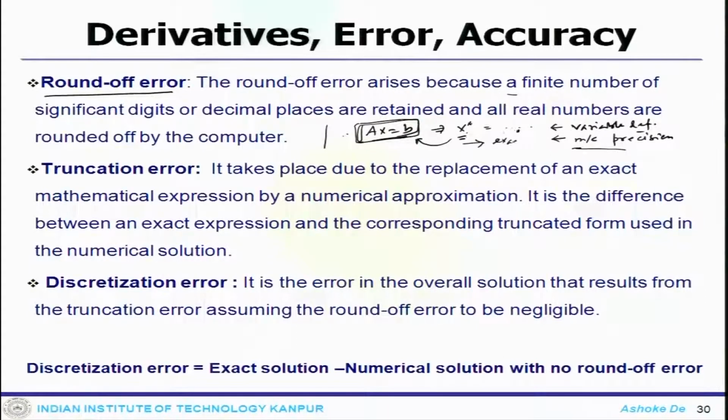Now, while doing that, in every step, if you are rounding off the values, whether it depends on the variable definition or the precision of the hardware, it gets accumulated, and finally the solution that you get has a lot of error, and that error is called the round up error.